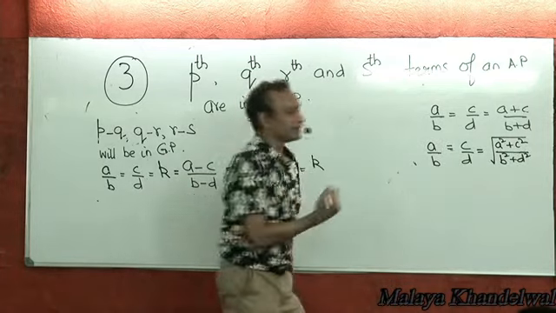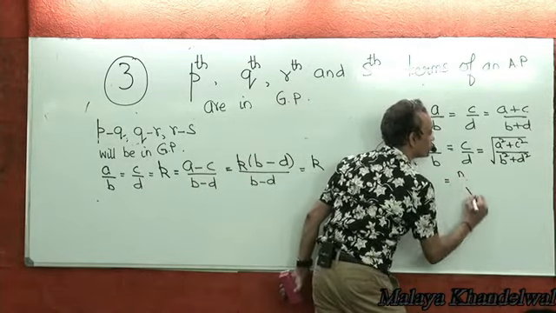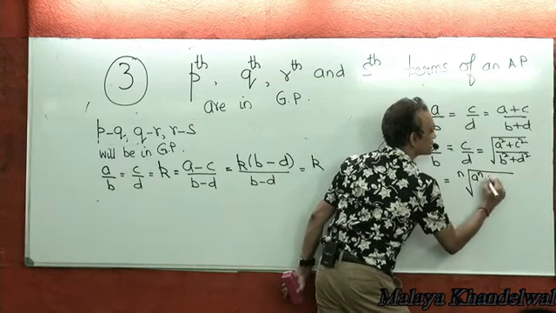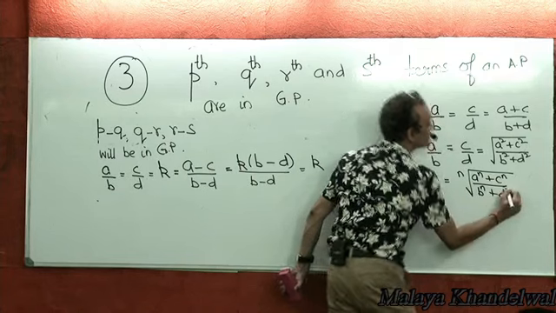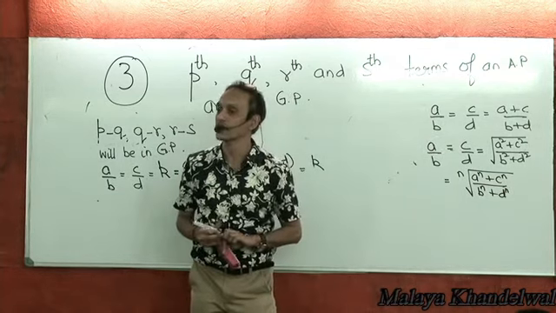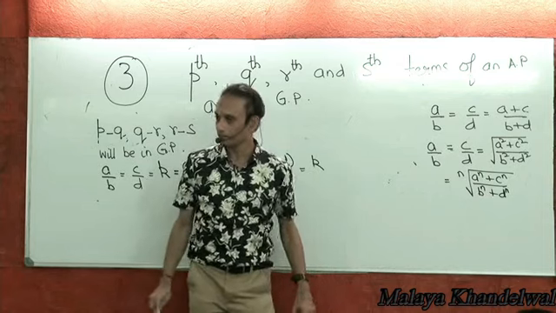Not only that, each will be equal to the nth root of (A to the power n plus C to the power n) divided by (B to the power n plus D to the power n). All of this you can establish. Right?